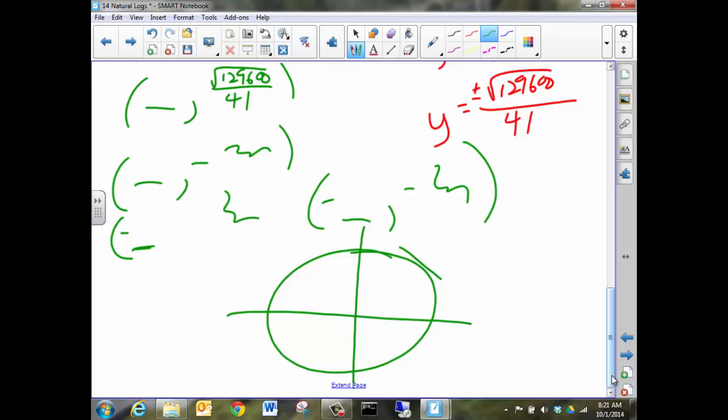So I know it's got to be something that's in this quadrant, something that's in this quadrant. What's true of numbers over here? The x coordinate is negative and the y is positive, right? So it's going to be this one right here. What's true down here? The x coordinate is positive and the y coordinate is negative, which is going to be this one right here.